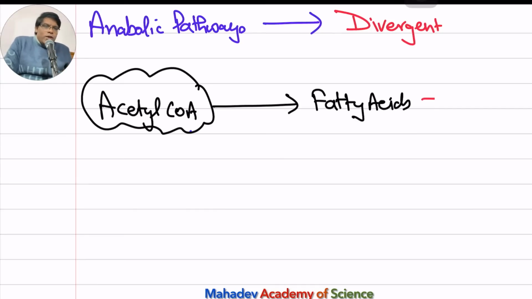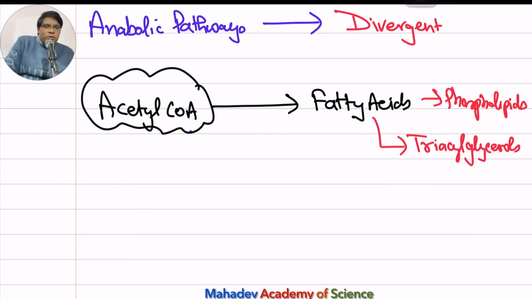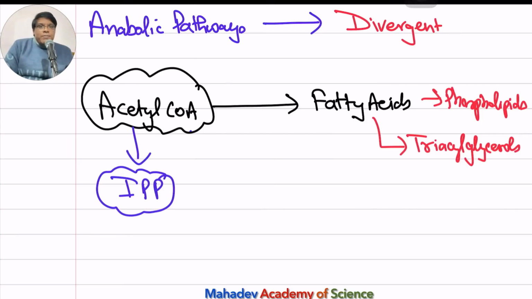Now acetyl-CoA can give rise to fatty acid, and from fatty acid you can see the synthesis of phospholipids. Same way here, from fatty acid you can see the synthesis of triacylglycerol. Same way, from acetyl-CoA you are going to see the synthesis of IPP. From IPP, the synthesis of cholesterol.